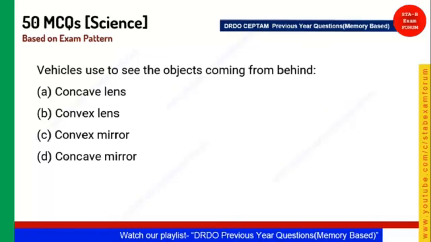Student, remember, for this particular question, a convex mirror is used. A convex mirror gives a broader view so that you can see a large area of traffic. It is not a convex lens, student, it is a convex mirror. Option C is the correct answer.